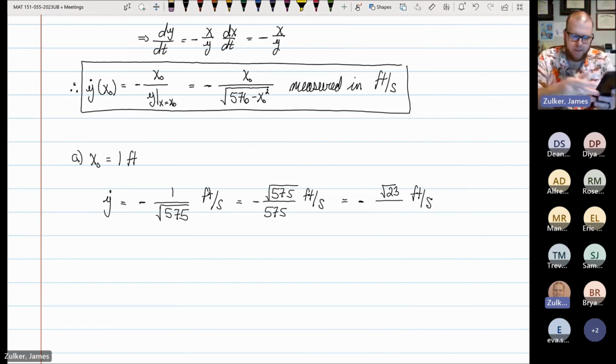No, that's not 23. It's 115. So negative root 23 over 115 feet per second, if you prefer it rationalized.